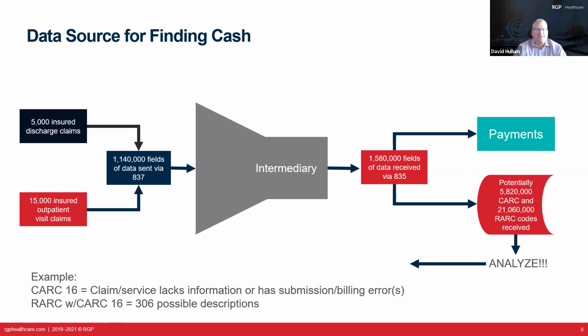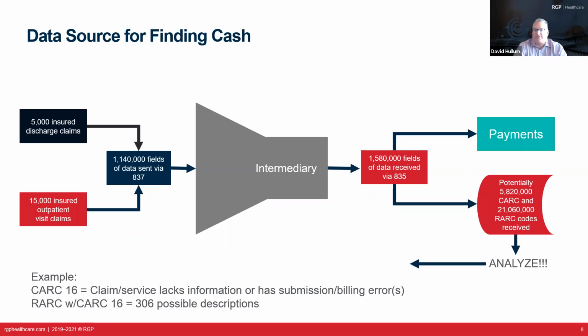So that means there's 1,140,000 fields of data that are going to be sent via that 837, because there are about 50 some odd fields on those. It's going to go through the intermediary, and what comes back on the other side for us is about 1.5 million fields of data for those transactions, because again, there are 70 some odd fields for 835s.